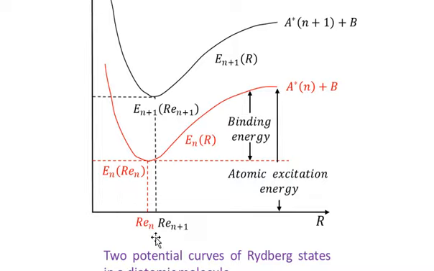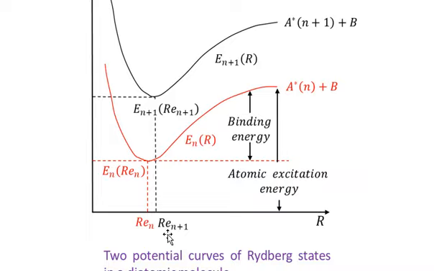For example, Re of n is the equilibrium separation for the red curve in the state n, and Re of n plus 1 is the equilibrium separation between the two nuclei when they are in the state n plus 1.